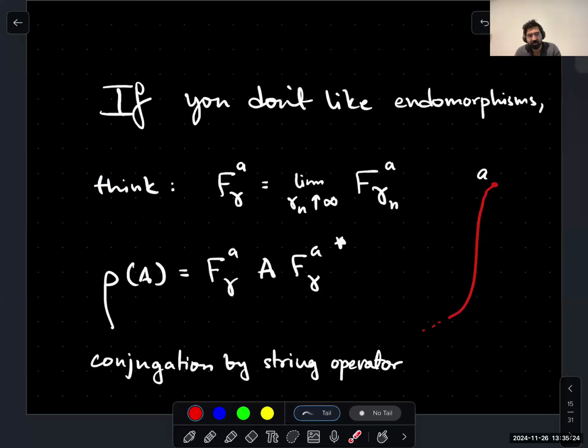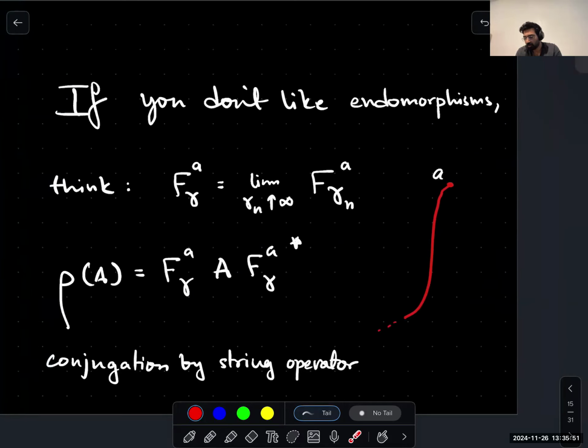Adjointing with a really long string operator will give you some endomorphism. Let's say you have some limit that doesn't exist, but let's say it does, and you're conjugating your observable with that. So it's just normal stuff, but encoded in a slightly arcane way.